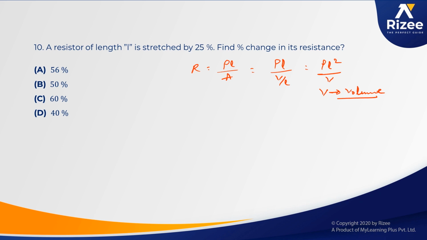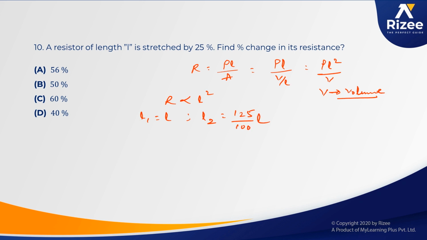So from this relationship, R is proportional to L square. He has given that the length is stretched, so if I take L1 as L, that means L2 should be equal to 125 by 100 of L.